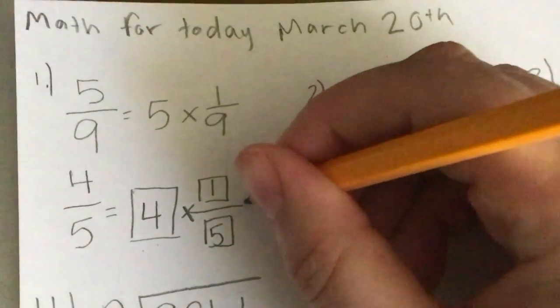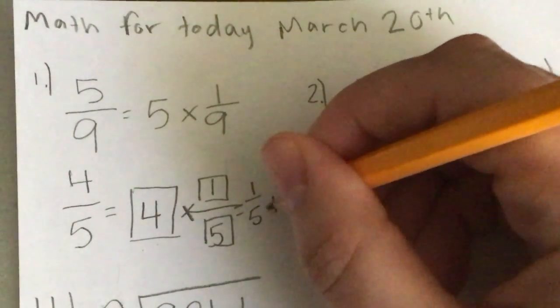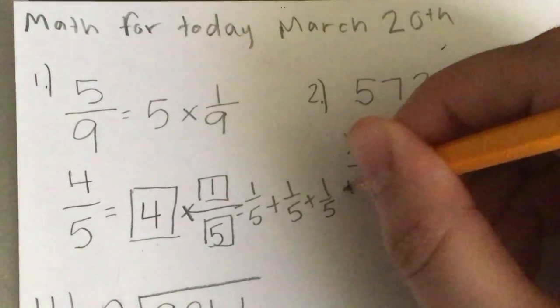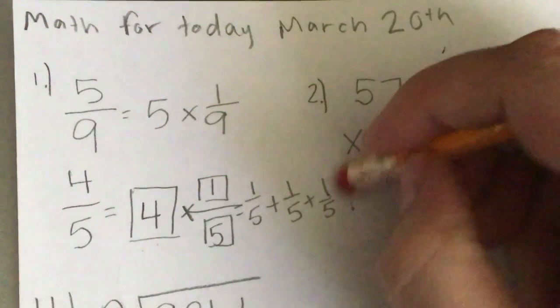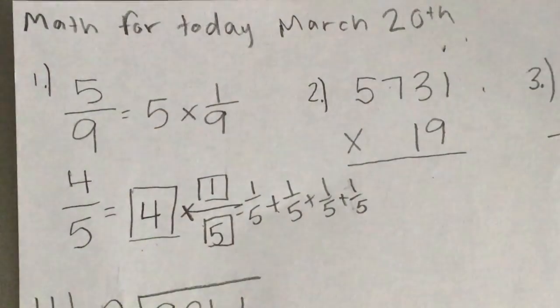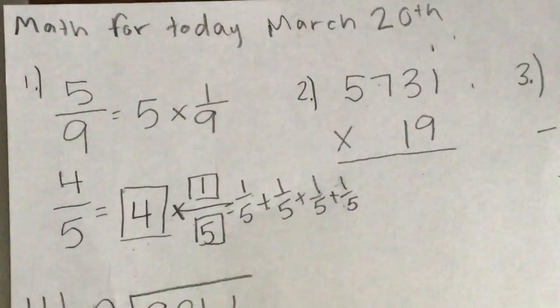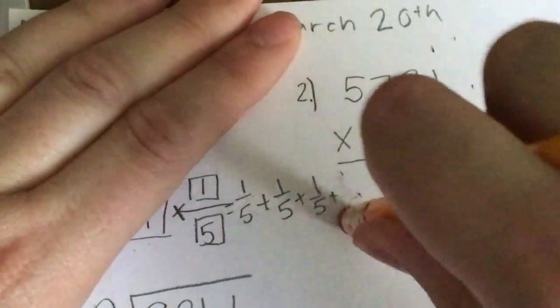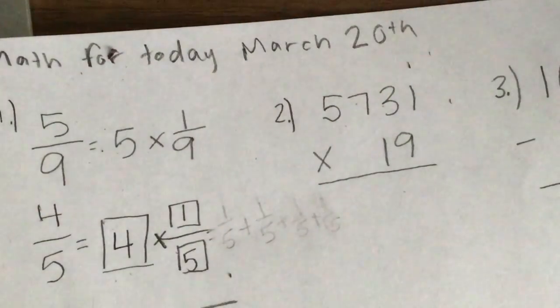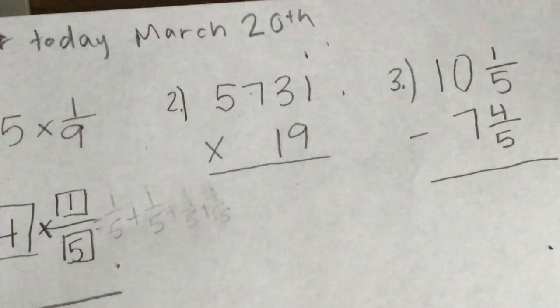That would be 1/5 plus 1/5 plus 1/5 plus 1/5. Okay? 1, 2, 3, 4/5. I actually have to erase that because then I'm not going to have room over here for my multiplication.